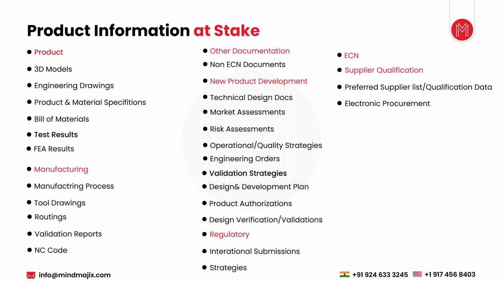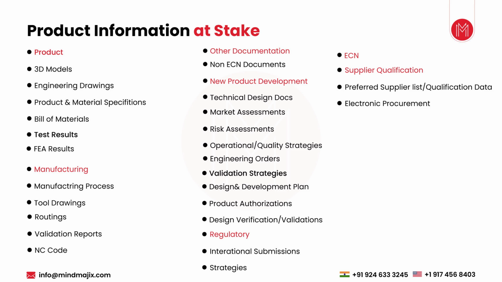For each product there is a lot of information. For example, from the product point of view: all its design documents, product material and specification, then bill of material, BOM details, whatever test results we get, or analysis we do, such as finite element analysis.